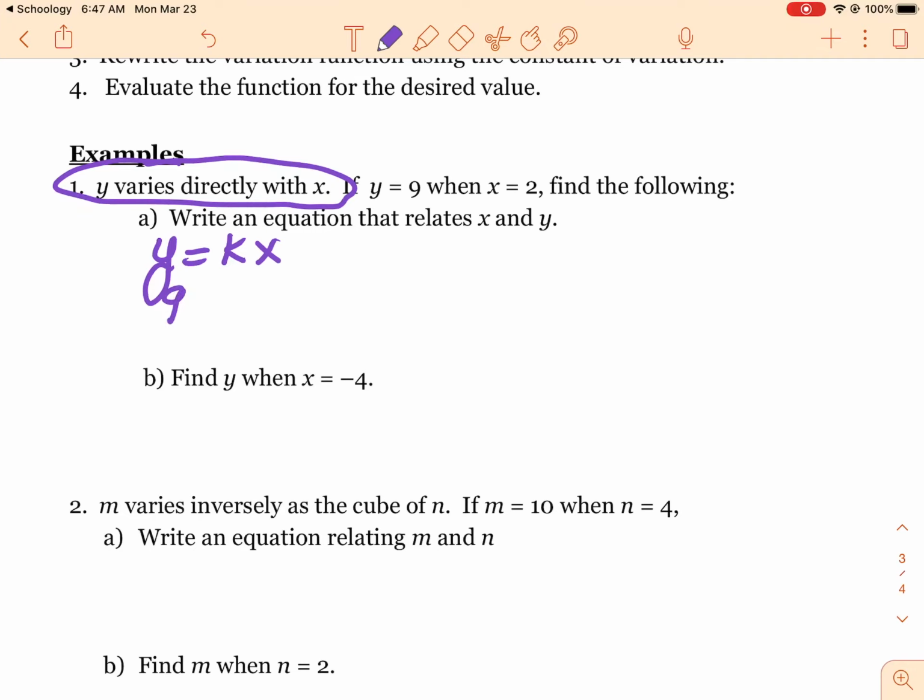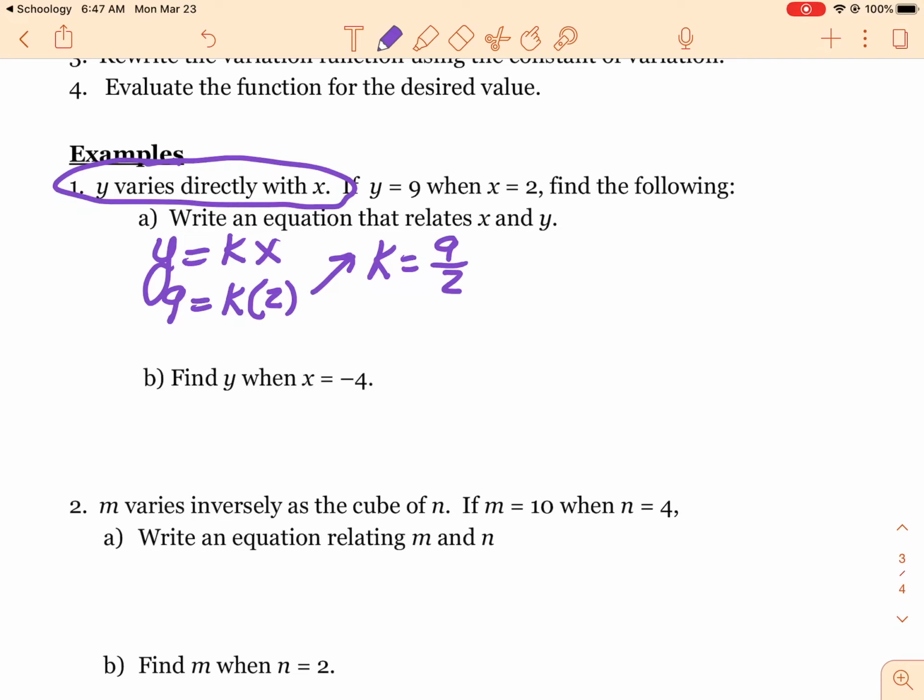They're telling you y is 9, and x is 2. So 9 equals k times 2. If we're trying to find k, we have to divide by 2. So we're getting 9/2, and that's fine that we have a fraction.